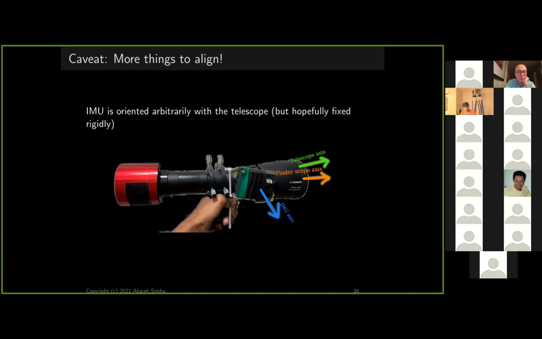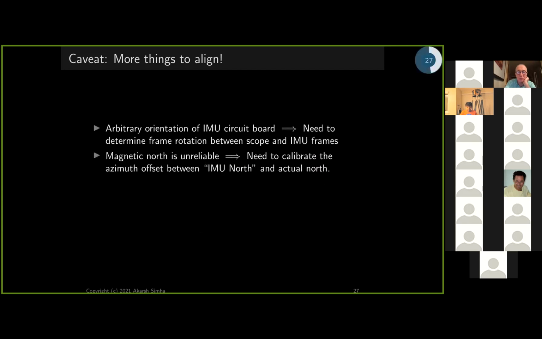I don't want to have the user try and align this IMU to arc-minute accuracy with the finder scope axis. That's a deal breaker, right? So I must assume that the IMU is arbitrarily oriented with the telescope. Okay, so there is that.